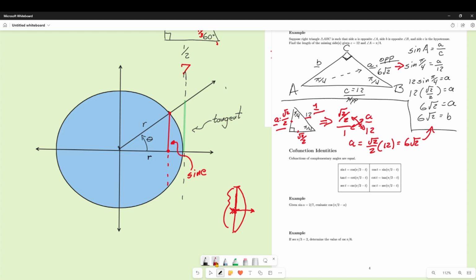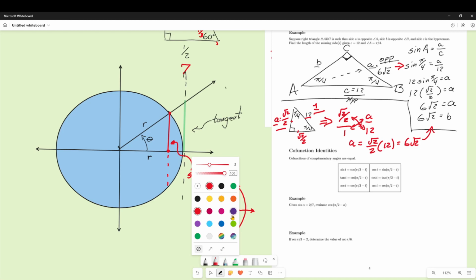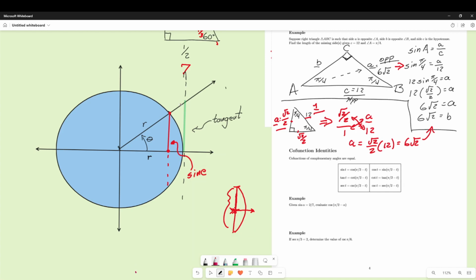Similarly, I want a different color here. Can we get a different color? Hold on. There we go. Similarly, a length that we might care about in a diagram like this might be this length, the length of the line that cuts through the circle and ends where that tangent lines up.